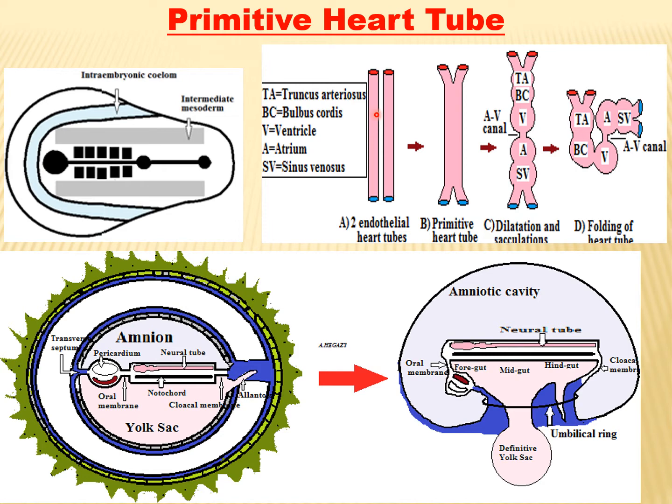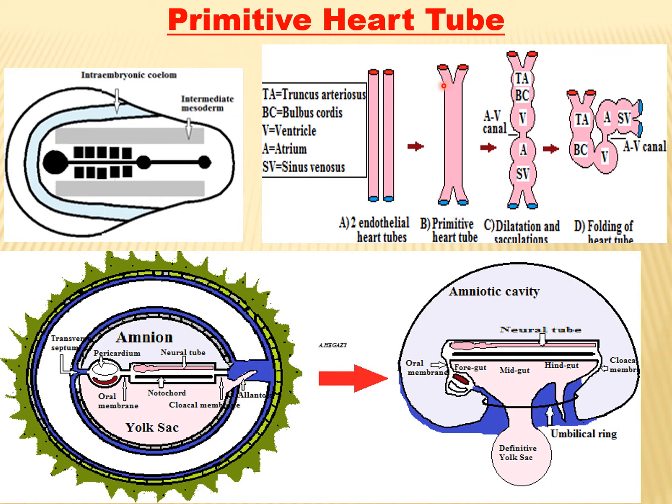Bilateral folding results in fusion of the two heart tubes, leaving two bifurcations, a cranial bifurcation and a caudal bifurcation.